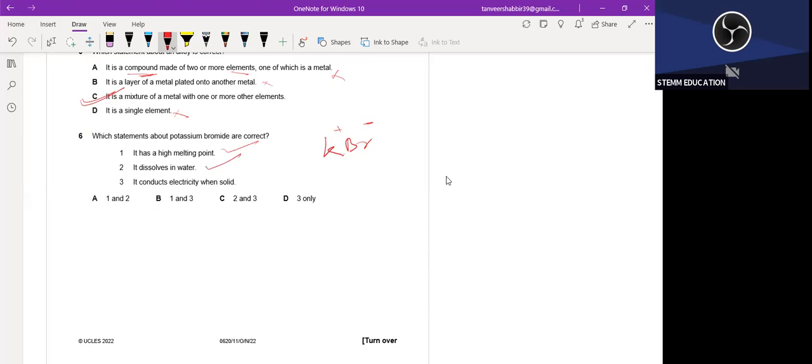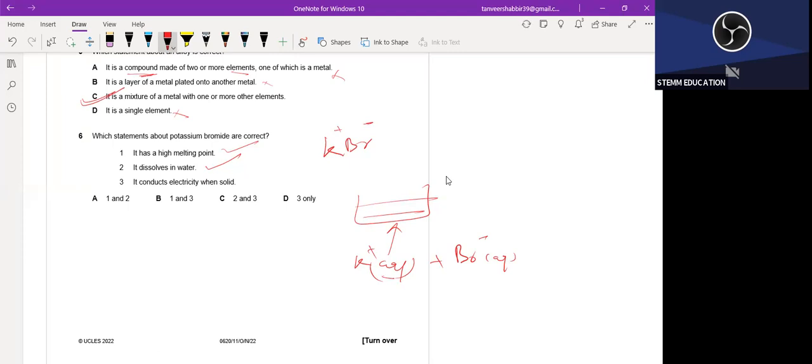When KBr is put into water, it converts into K+ aqueous and Br- aqueous. Aqueous means K+ and Br- are present in the water, so it is known as K+(aq), Br-(aq).